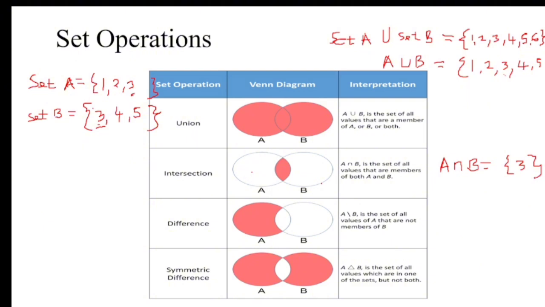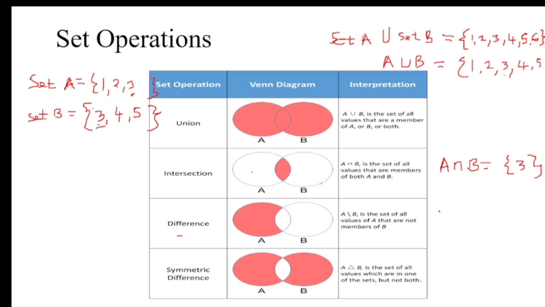And then we have the difference set operation. So A difference P is a set of all values of A that are not members of P. Yeah, members of A that are not members of P. That is the difference set operation.